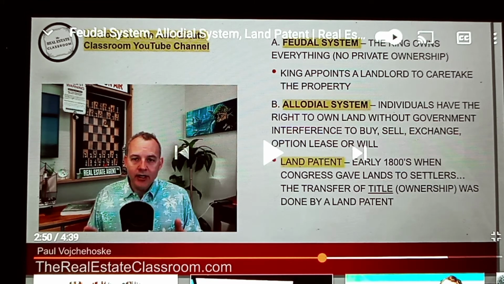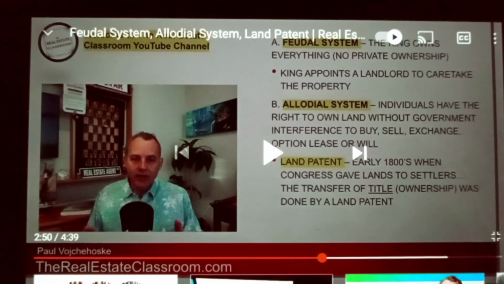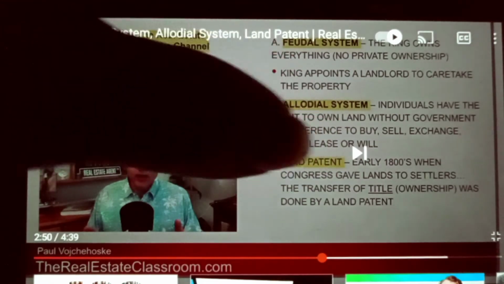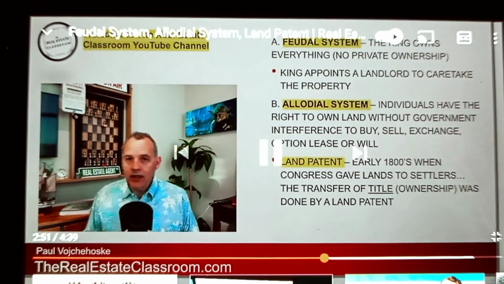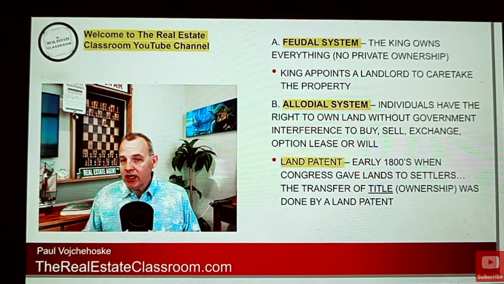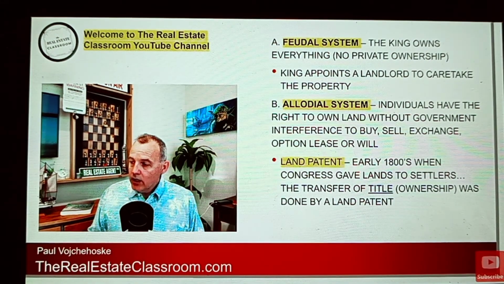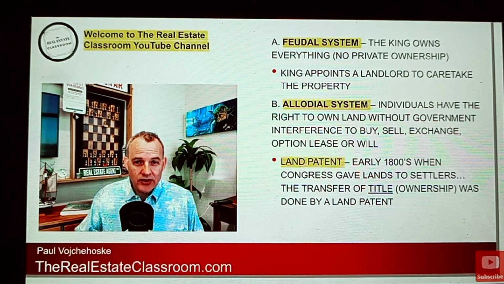That concept right there is just so foreign to us now because we've been so deluded by all this malarkey mess on the ground. The individual has the right to buy land, sell land, lease it, exchange it, option it, will it to their heirs.